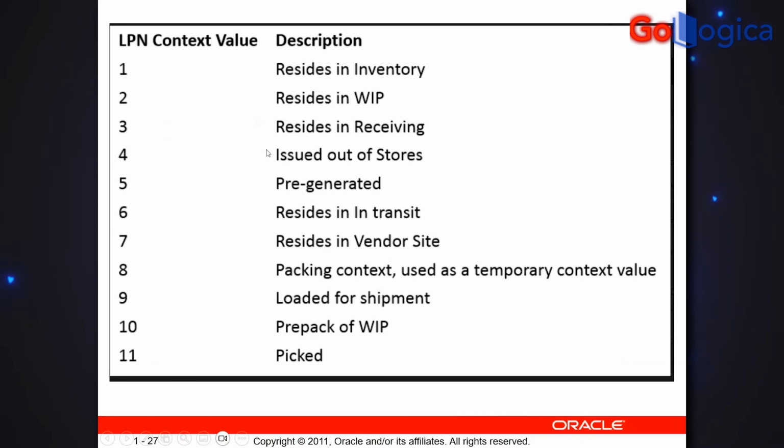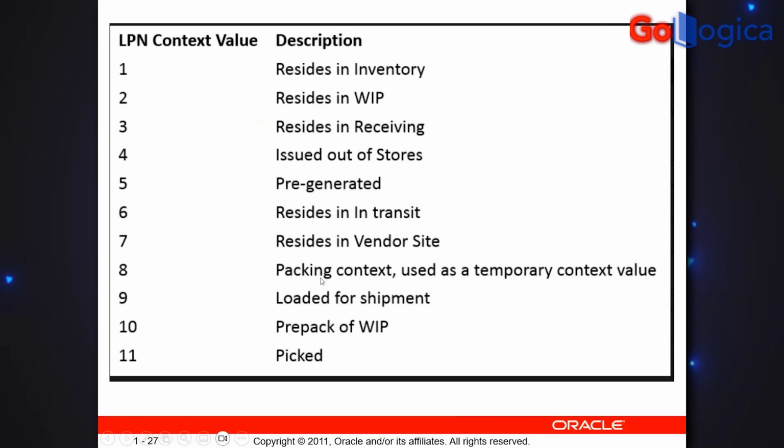When you have pre-generated it but not yet used, it's pre-generated. Some LPNs shipped for an internal shipment transfer will show resides in transit. Most of them are important to us and we want to know.